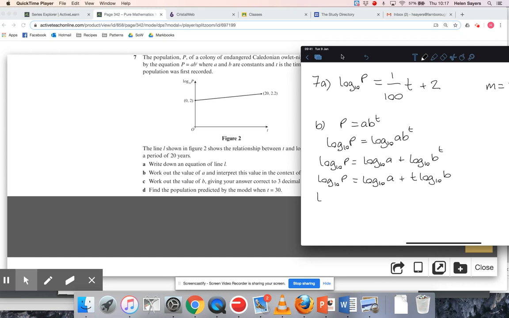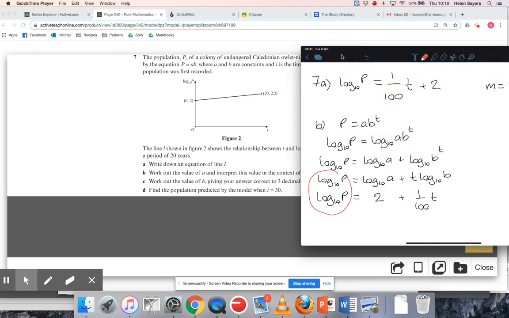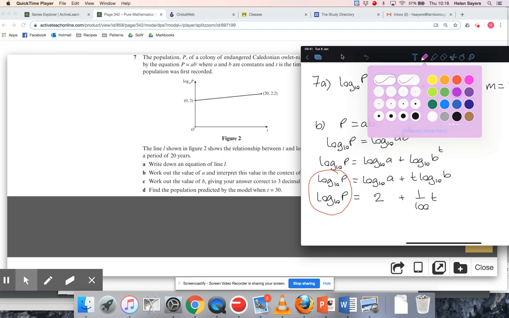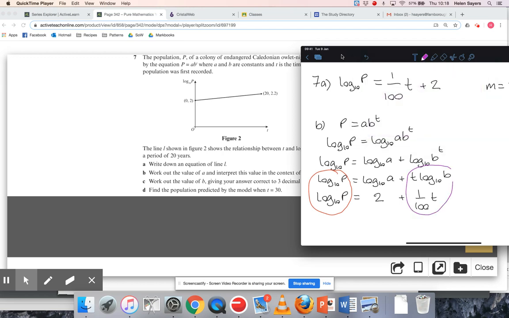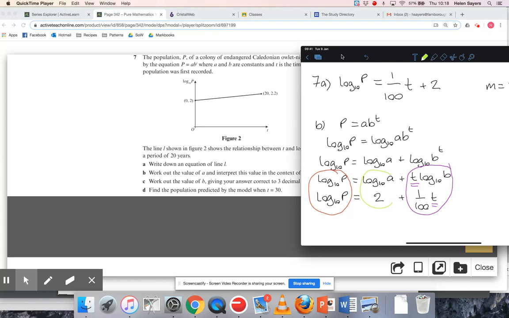If I then compare that to my answer to part A, and I'm just going to switch the order around, obviously they are both the same. This is my term in t, and this is my constant. That's what I'm interested in for this part of the question.